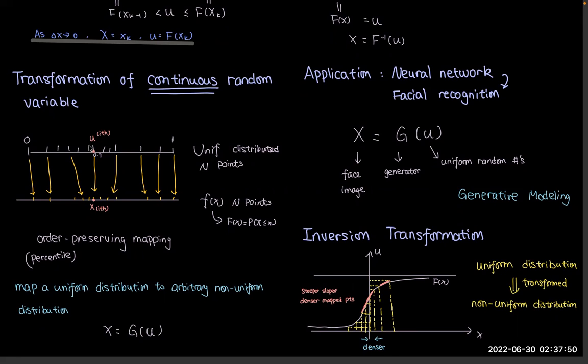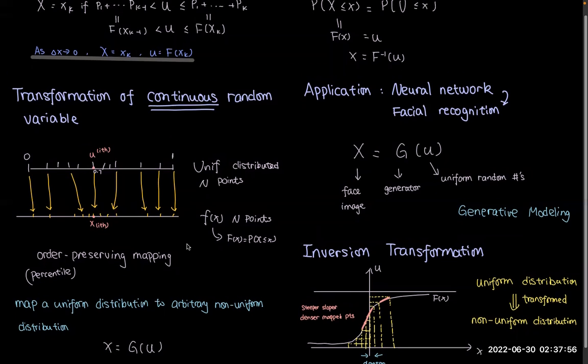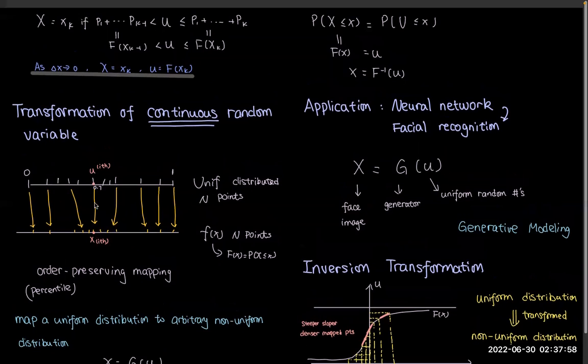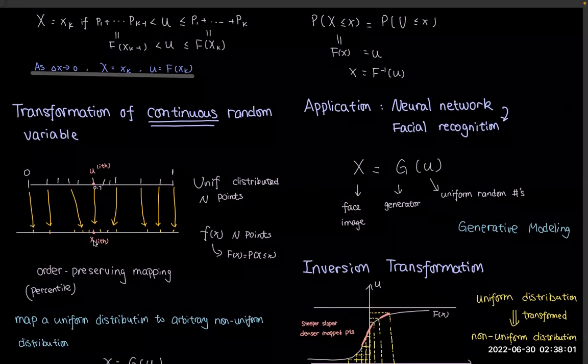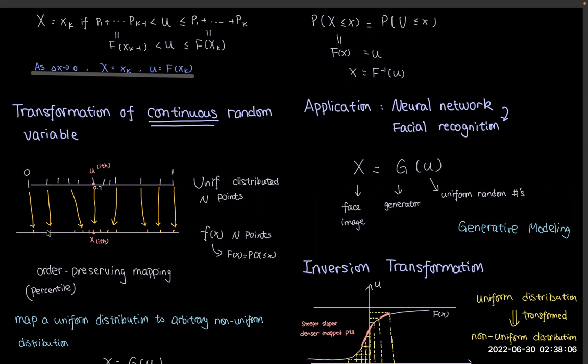But then if you map this u to x, because this is also the ith point, the proportion of the points below this x should also be u. The proportion of the points below this x is F of x, that's how big F is defined, and this should equal the proportion below u, which is u. Therefore, we have F of x equals u, so that x is F inverse of u.